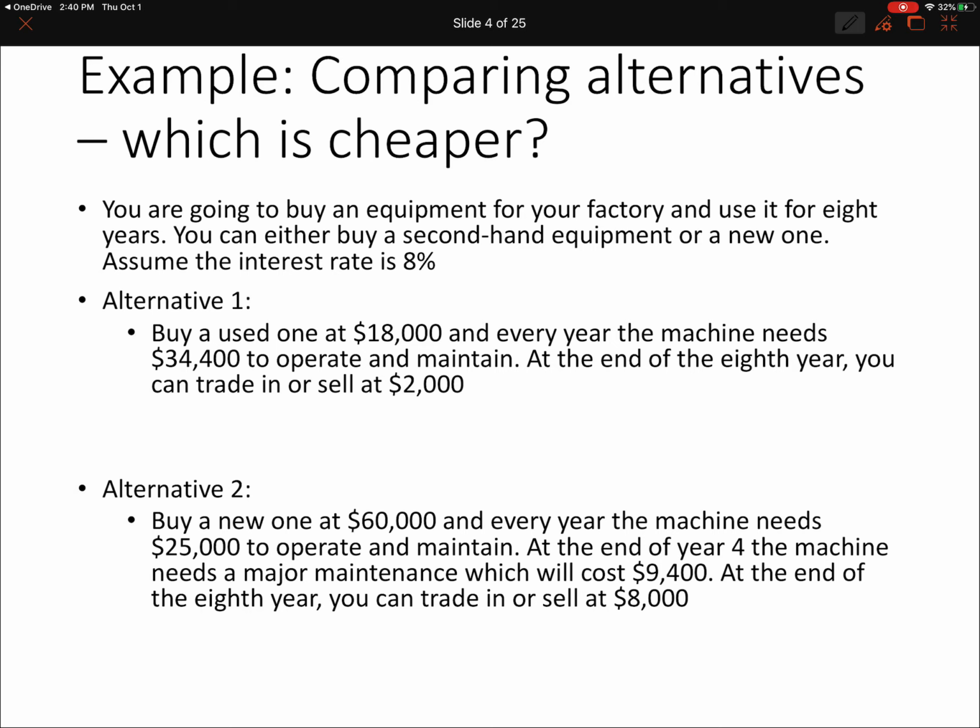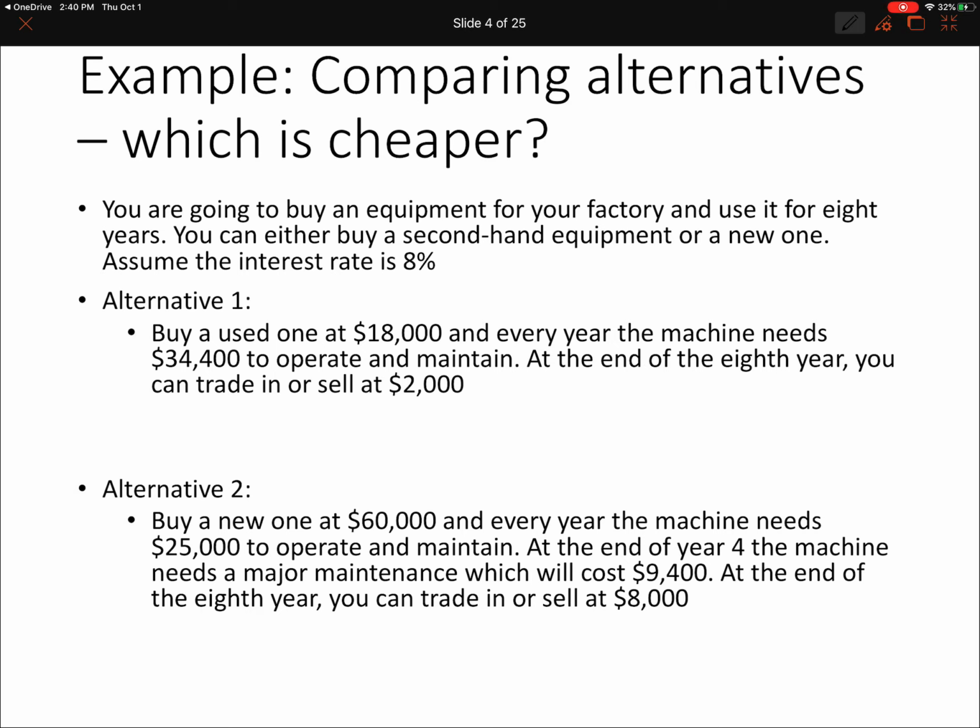To explain the approach you're going to use to calculate these multi-type cash flow problems, here is an example, and it is a very useful case because you will always find such problems in your future work.